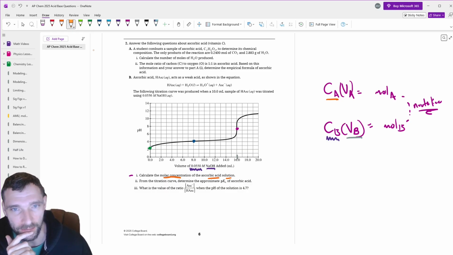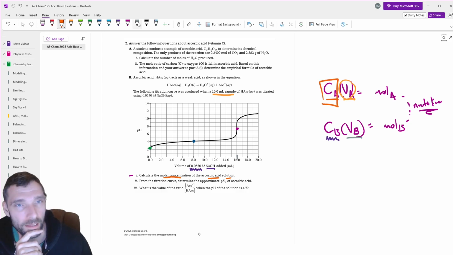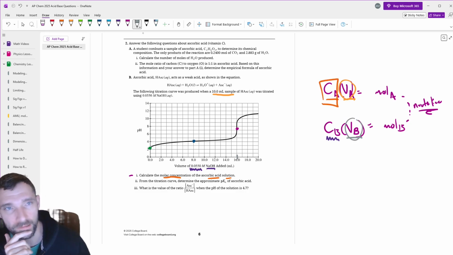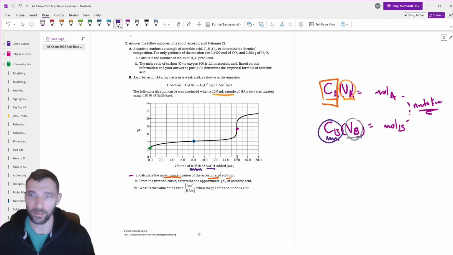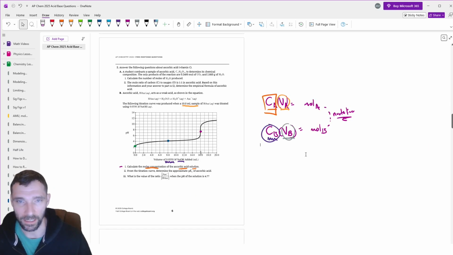And if we read the question, they've given us the initial volume of that as well. So we know this. We're trying to solve for that. And we also know this, and we know that. So this is a matter of just setting these two equal to each other and doing that math.